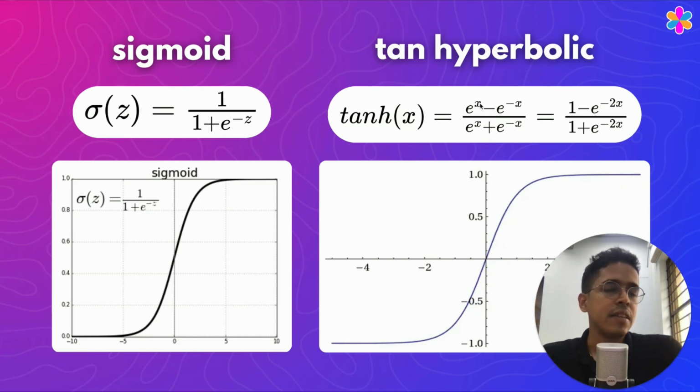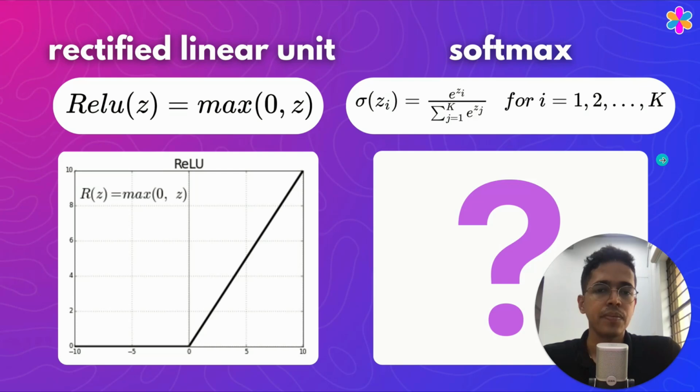When x is negative infinity, then the other two terms will vanish and only these two terms will prevail. Then the equation will become minus e raised to minus x divided by e raised to minus x, which will be negative 1. And when x is 0, this will be 1 minus 1 divided by 1 plus 1. So that will be 0. So this is the tan hyperbolic activation function.